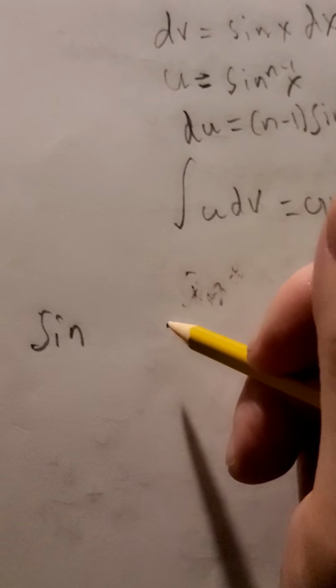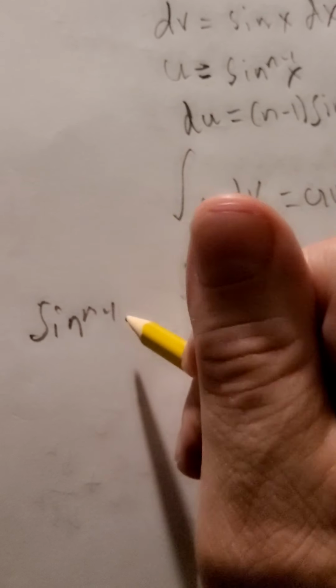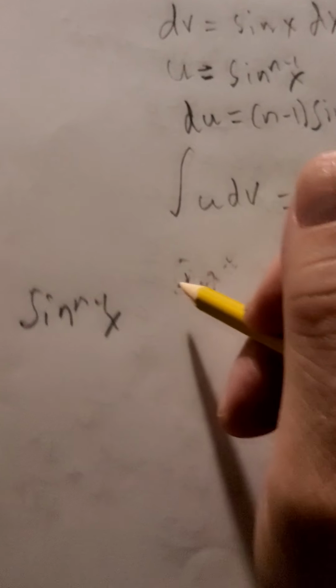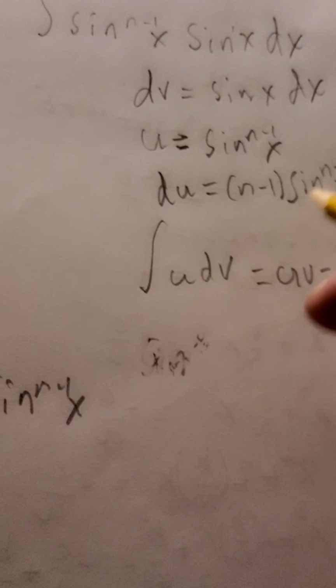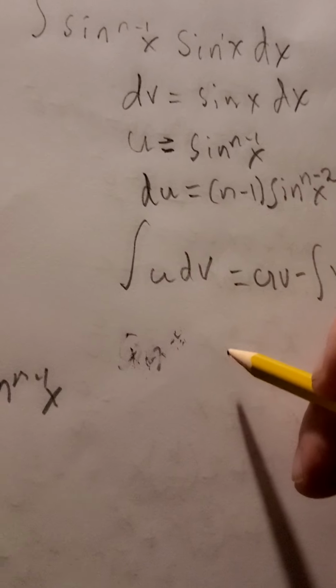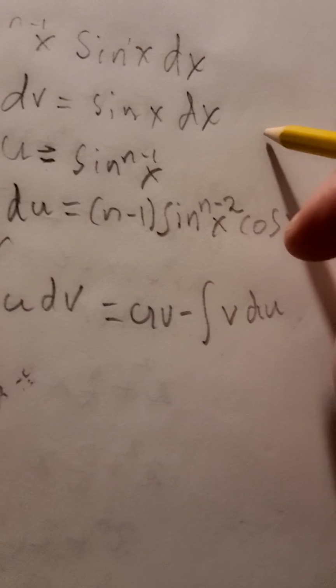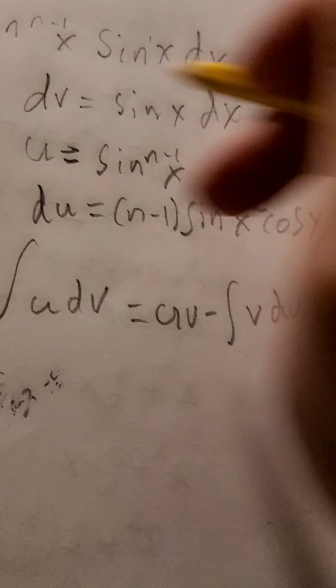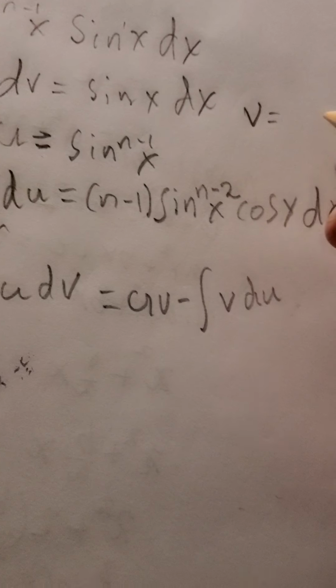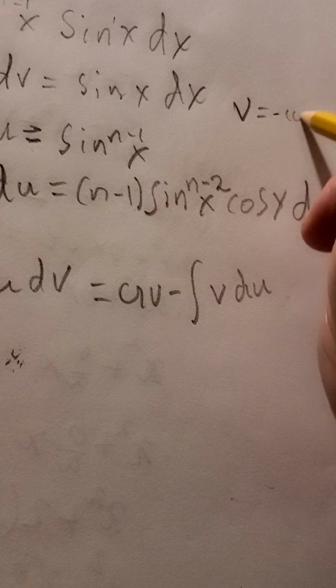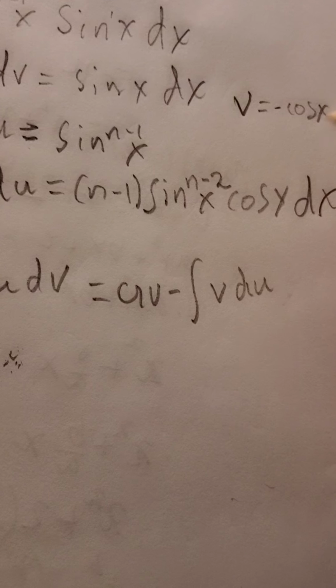Sine n minus 1 of x, u times v, okay? If dv equals sine x dx, then v, if I integrate both sides of this, the antiderivative of sine is negative cosine x, like that.